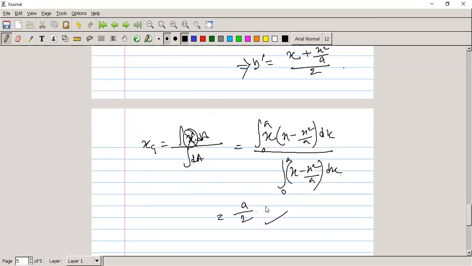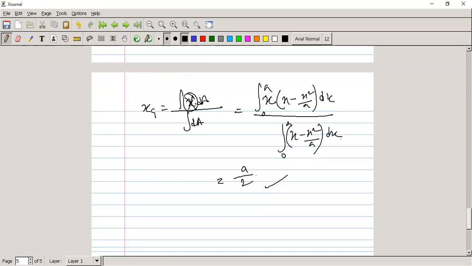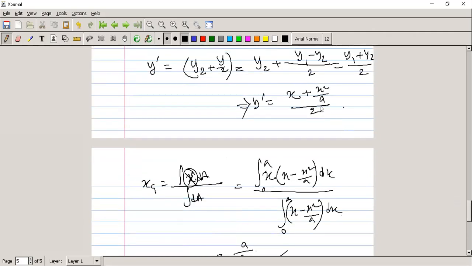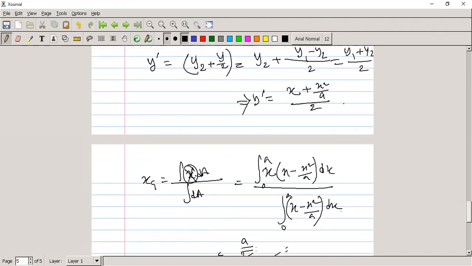And similarly if we put the y value, yg, this is how much? Integration of y dash into dA divided by integration of dA. And y dash is how much? Y dash is x plus x square by a by 2.